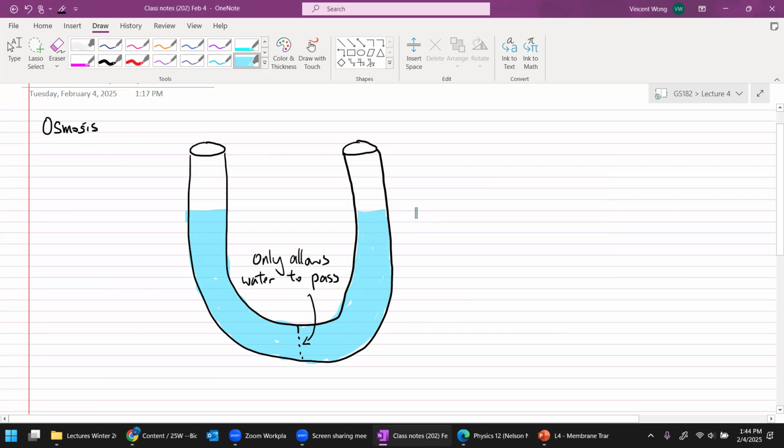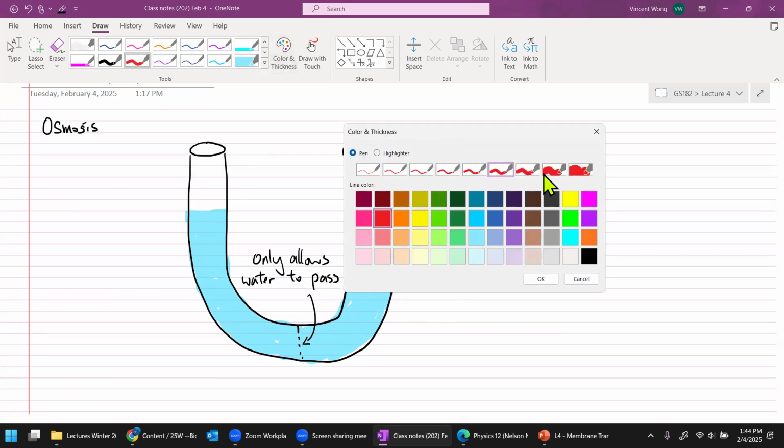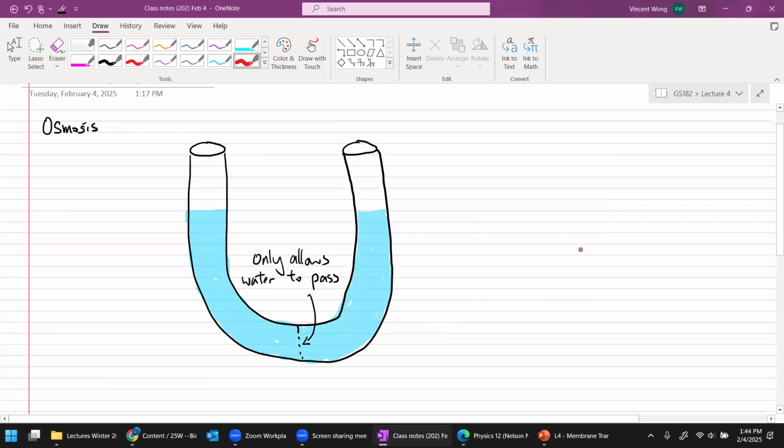So far, so good. Then I'm going to dissolve some solute into it. Okay, and I'm going to put some here, and then I'm going to put some here as well.